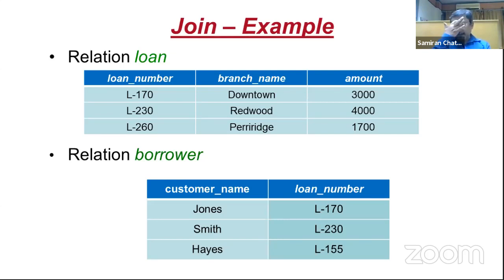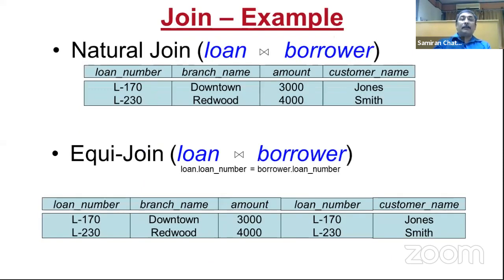But in natural join, the common attributes appear only once. Whereas in equijoin, the common attribute occurs twice, once for the left relation and once for the right relation. So that is the difference between natural join and equijoin.